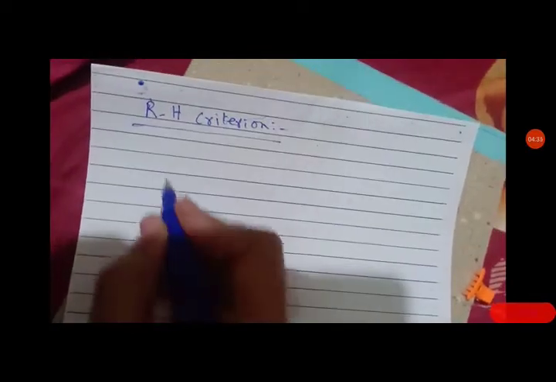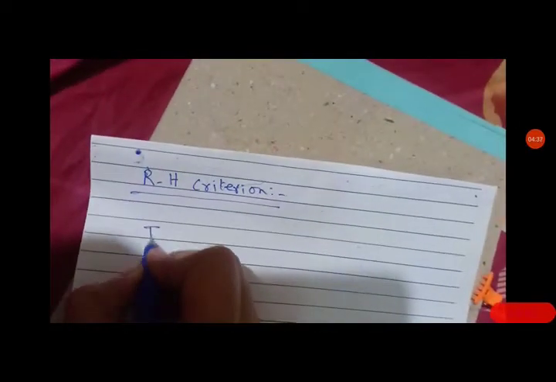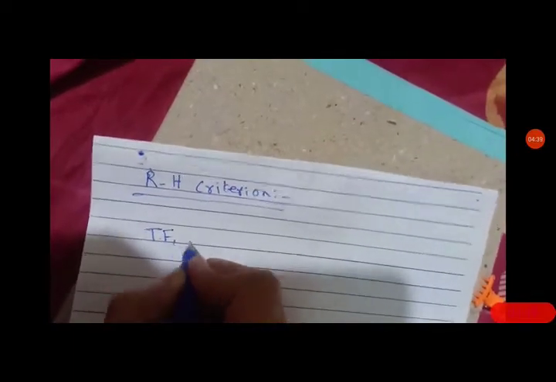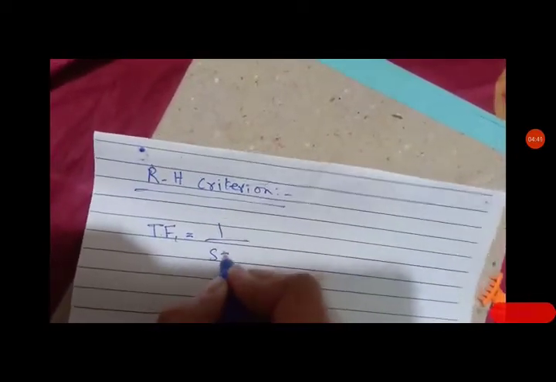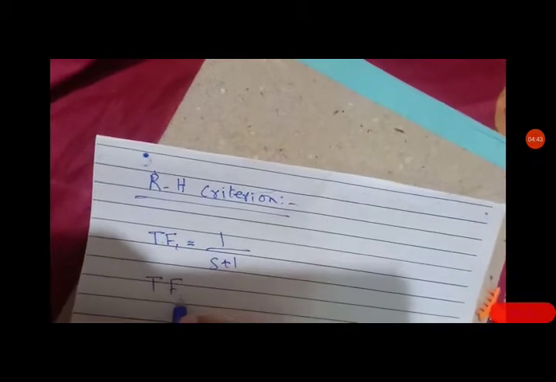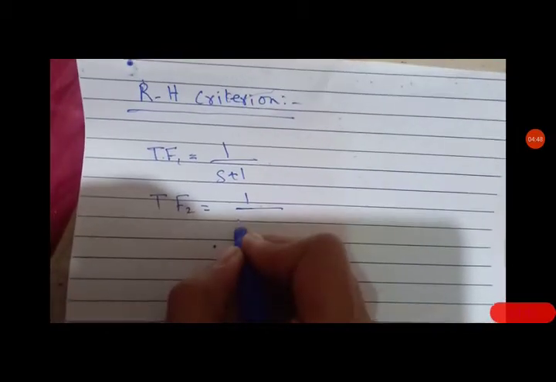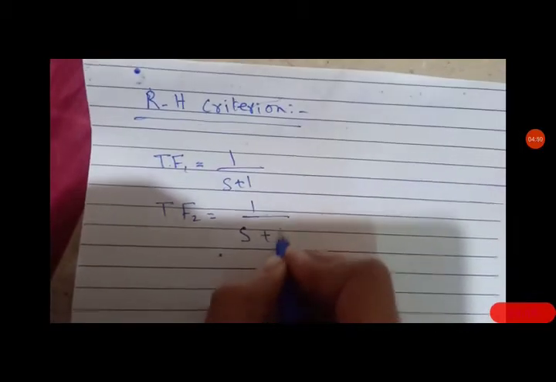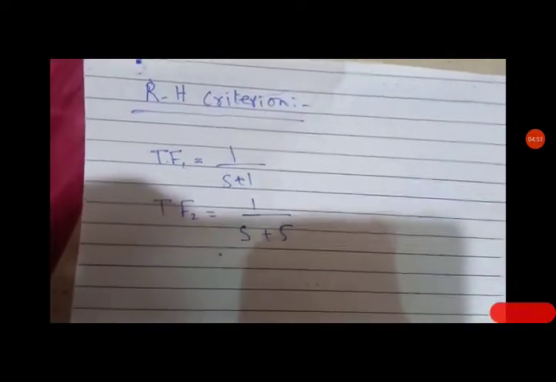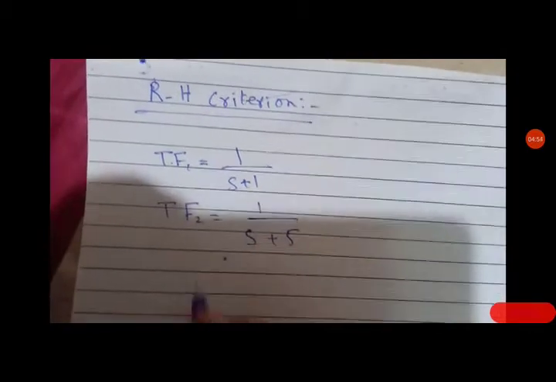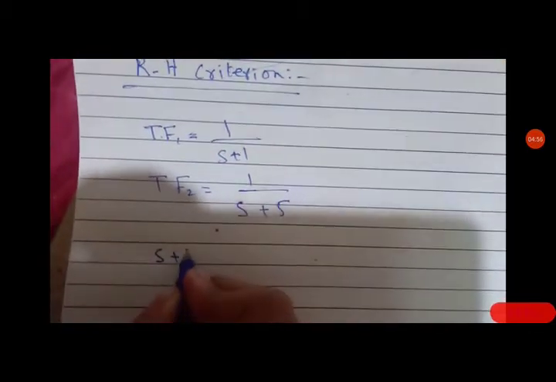So if we have two transfer functions, for example, transfer function 1 is 1 upon s plus 1 and transfer function 2 is 1 upon s plus 5. So how will we plot this? We will take s plus 1 equal to 0.